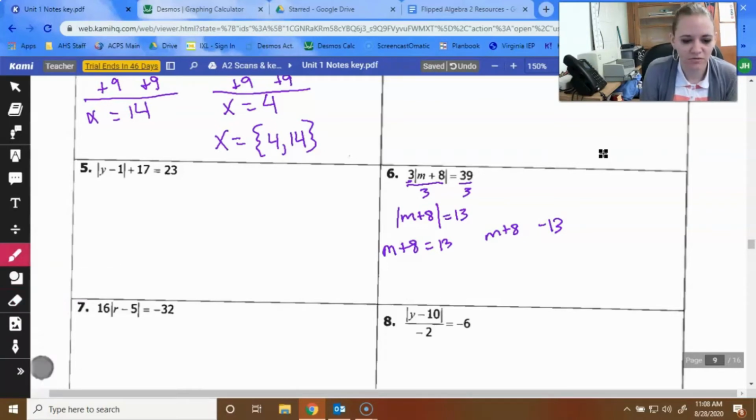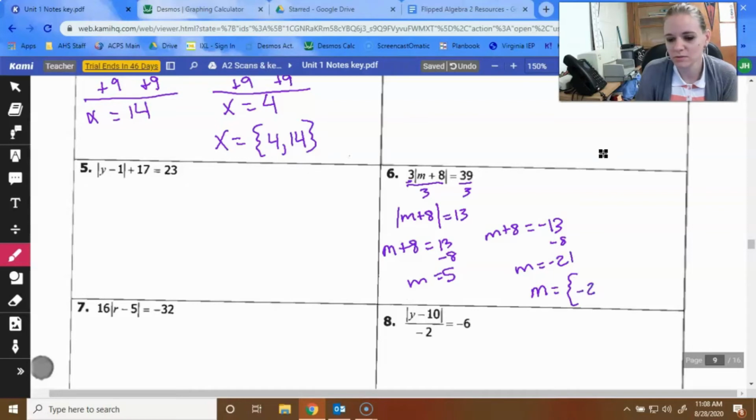Okay, so go ahead and solve for both of those. n is equal to 5. And n is equal to negative 21. Put your answers least to greatest. So least is negative 21, comma 5.